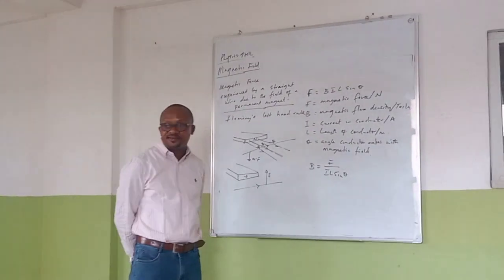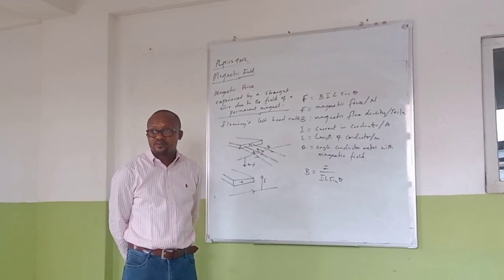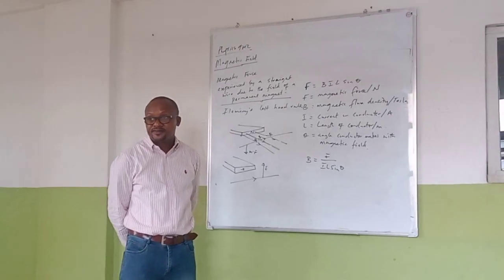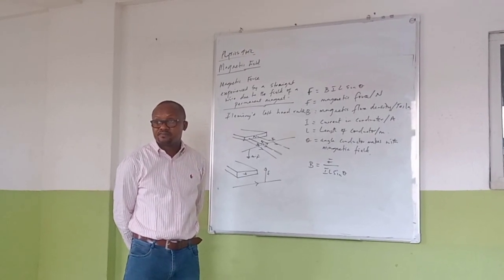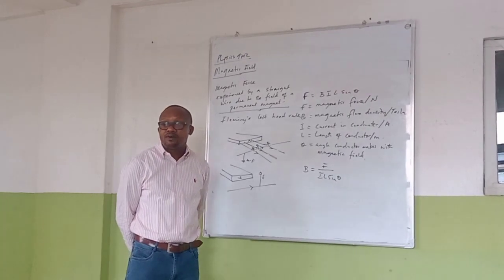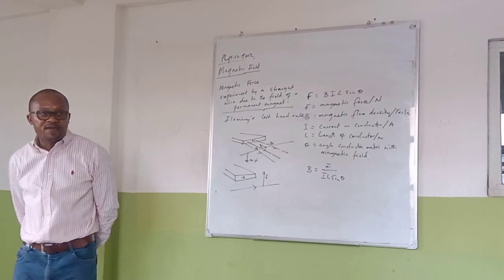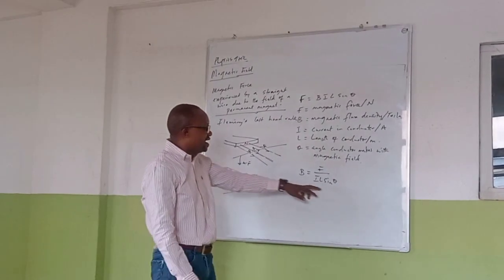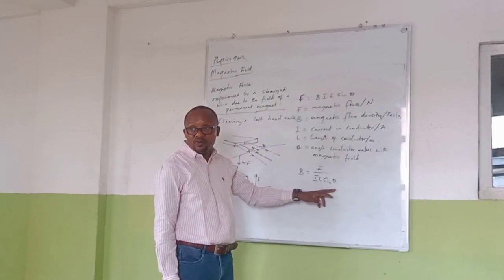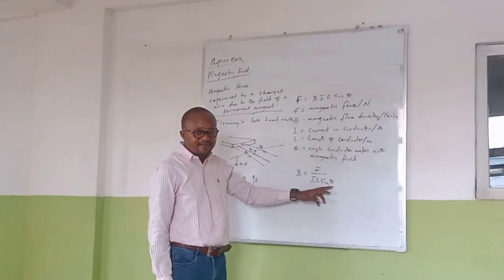So, Khadija, how do you define the Tesla? Newton per ampere meter. If you are defining one Tesla, everything here should be 1. So sin theta should be what? 1. If sin theta is 1, what will theta be? 90 degrees.